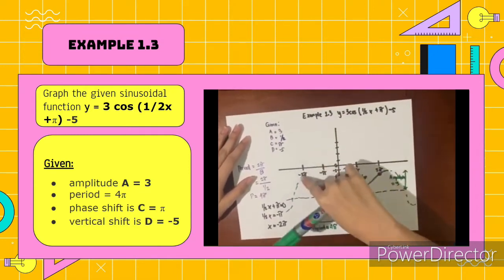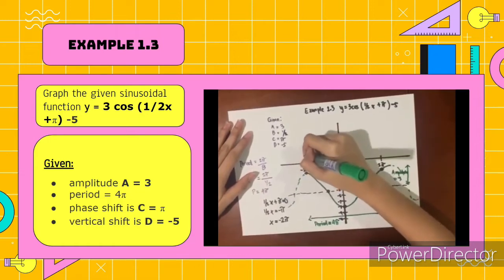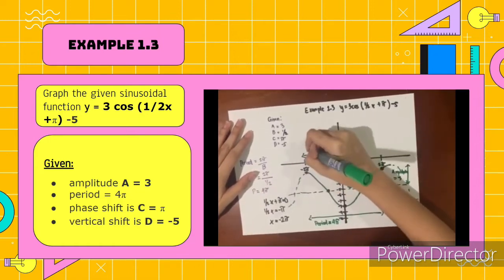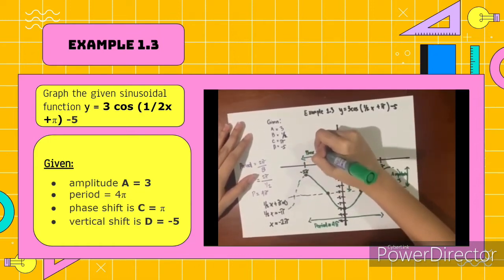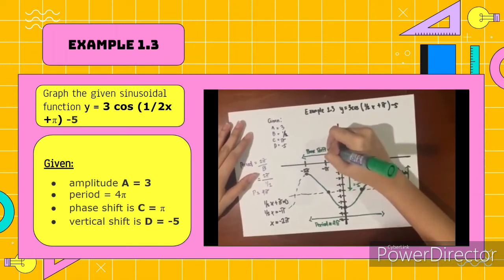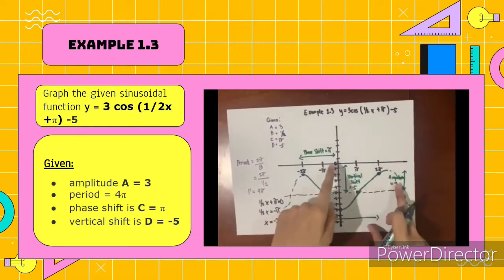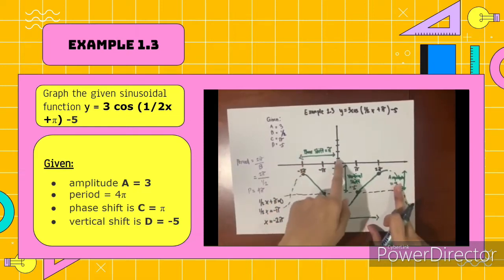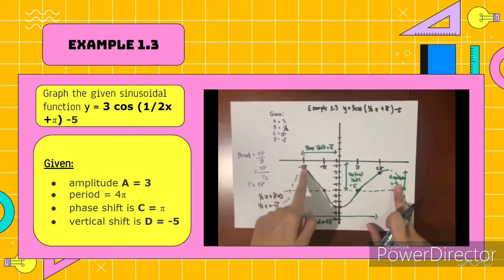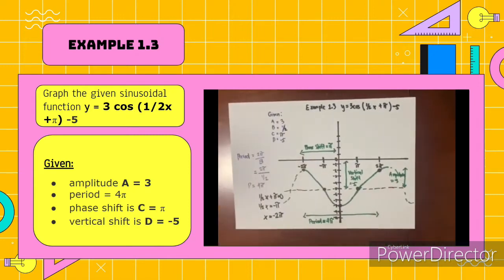Yan ang phase shift. Yung phase shift saan? Diba normally dito, pero nag-shift yun dito kaya dito ang starting point ng isang period. So, ganito na ang graph ng example 1.3. Y is equal to 3 cos multiplied to the quantity of 1/2 x plus pi minus 5.